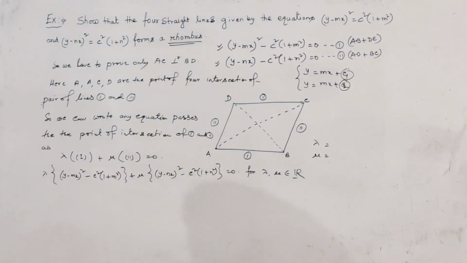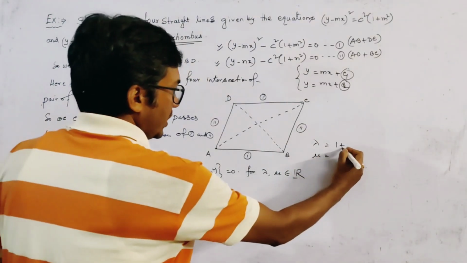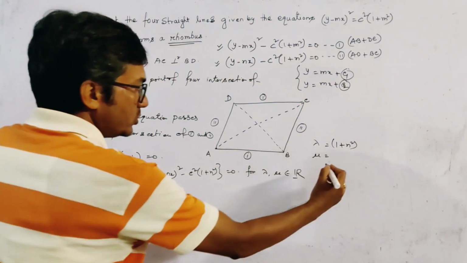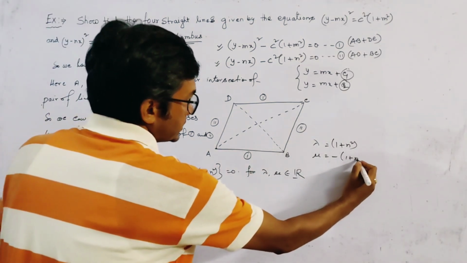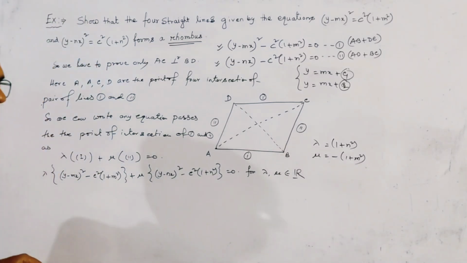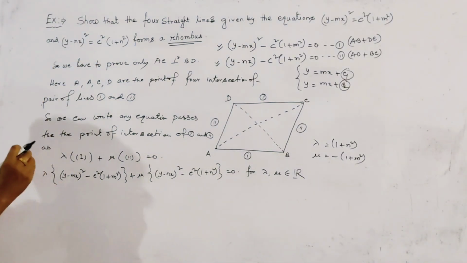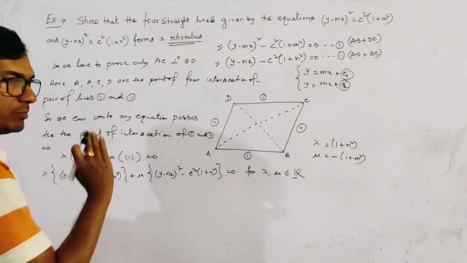What is the value of lambda? We can put any real value. We put lambda equal to 1 plus n square and mu equal to minus (1 plus m square). Okay, so we get the equation of the pair of diagonals of the parallelogram.